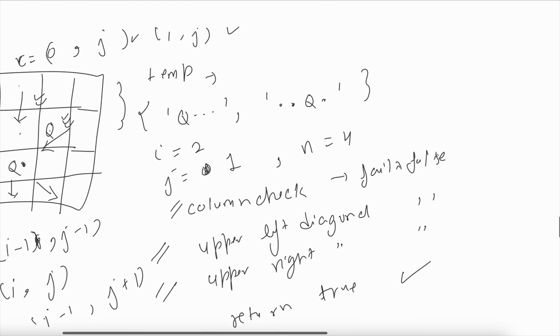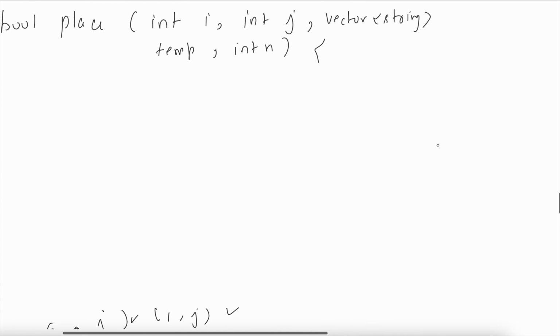Okay, so now we need to write the code for this. First, we will do the column check. For the column check, for int r, we have our column at j. So we will change only r, starting from r equal to 0, and we will check till i only. We do not need to consider future cases. We'll do r plus plus.